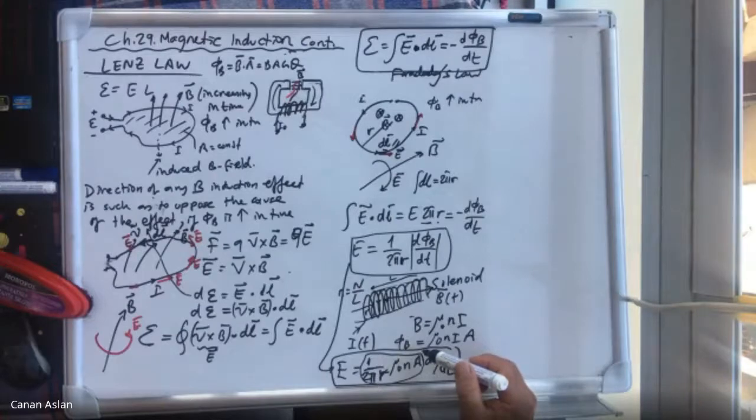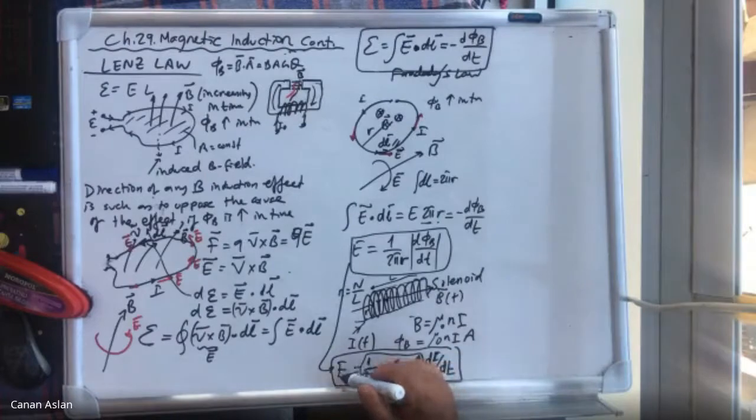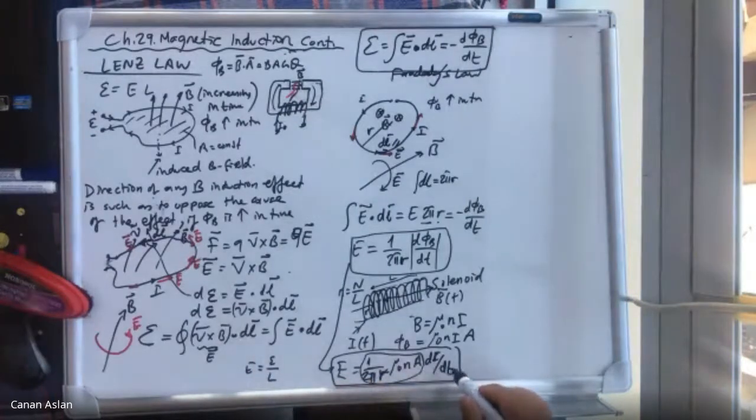Now what we do is multiply this by length L. Remember that electric field is volts per meter, so if we multiply by L, we can get the potential difference here instead of the electric field.